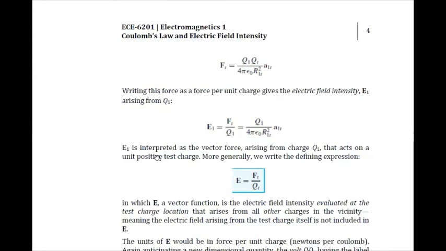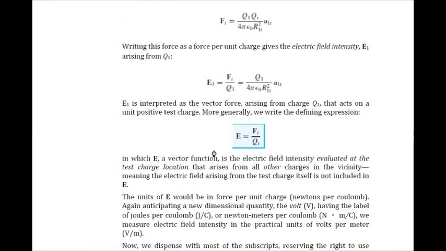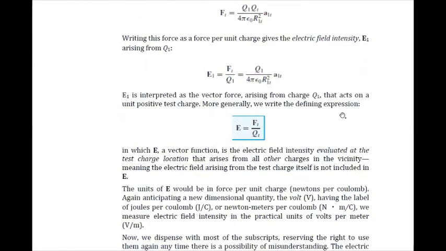Okay? Next, E1 is interpreted as the vector force arising from charge Q1 that acts on a unit positive test charge. More generally, we write the defining expression: electric field equals force over yung charge natin, in which E, a vector function, is the electric field intensity evaluated at the test charge location that arises from all other charges in the vicinity.